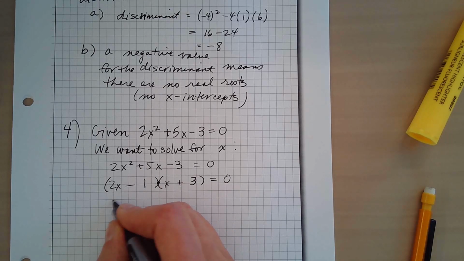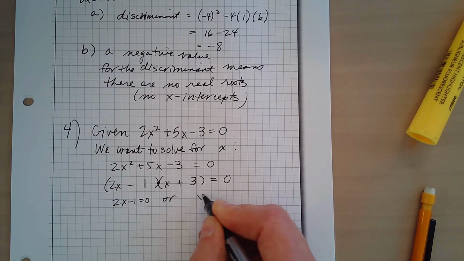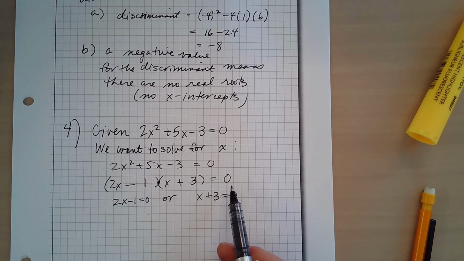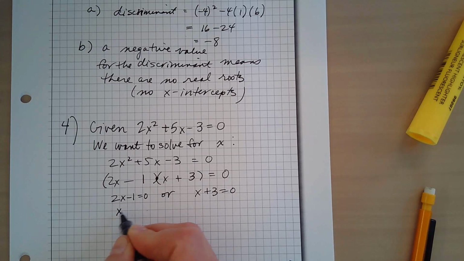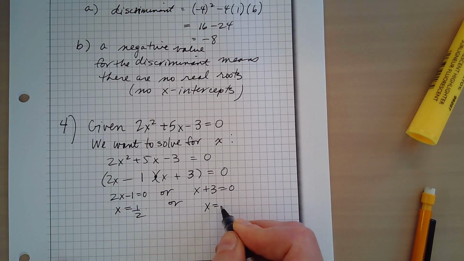So that can only happen if 2x minus 1 is equal to 0, or if x plus 3 is equal to 0. The only way I get an answer of 0 in a multiplication statement is if one of the partners equals 0. So if I move the 1 over and divide by 2, x equals a half, or x equals negative 3.